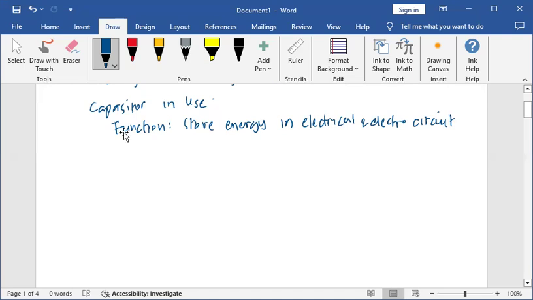So the capacitor function is to store energy in an electrical circuit.